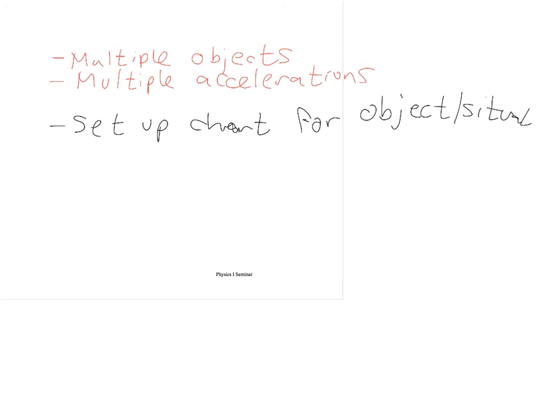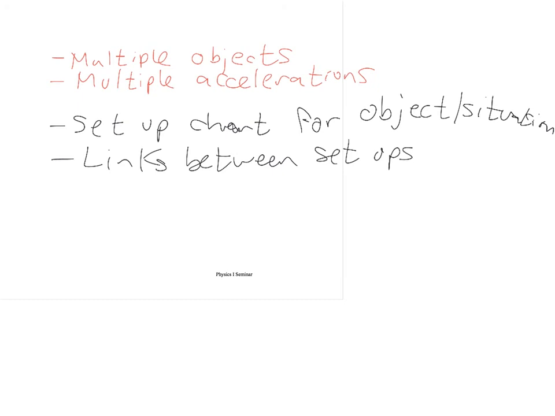Some tips for this, okay? We want to set up a chart for each object or situation, and by situation I mean acceleration. Okay? We want to think about links between the setups.